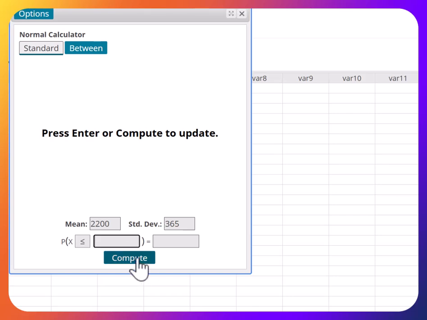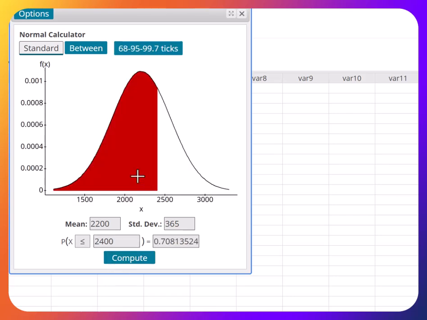If you hit compute, we have to put some number there. I'm just going to put any numbers and ignore the red shaded region, but this is what the normal curve would be like.